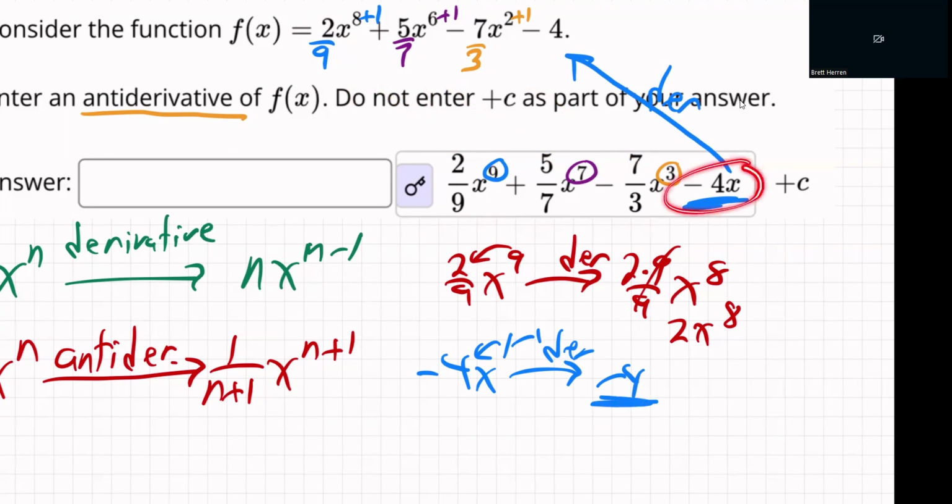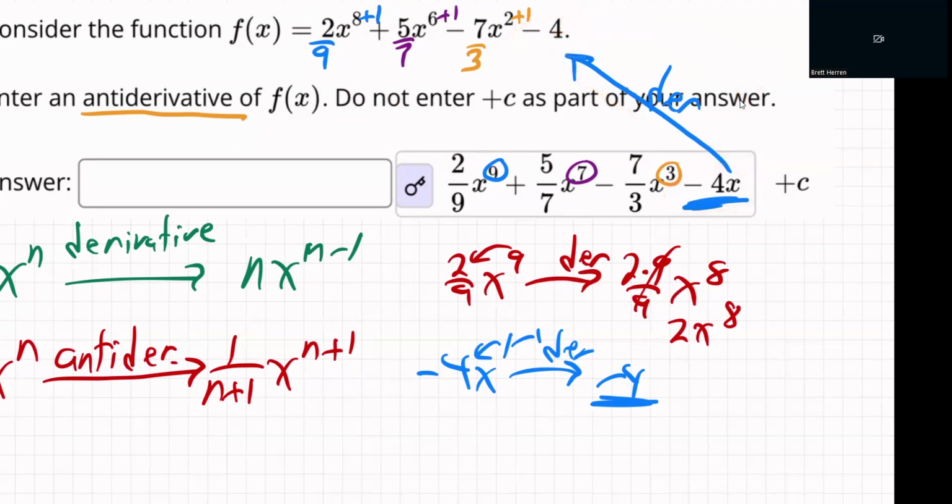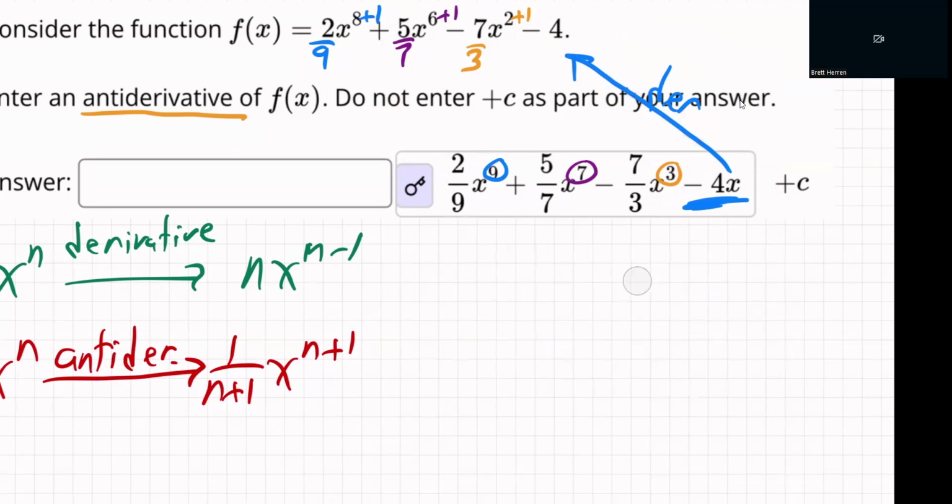So that means the derivative of minus 4x is minus 4, which means minus 4x is the antiderivative. Does that make sense? You just think it backwards. When you're doing an antiderivative, you just write something down whose derivative would go back to what you started with. So minus 4x must be the antiderivative, because if I took the derivative of it, it would go back to minus 4.